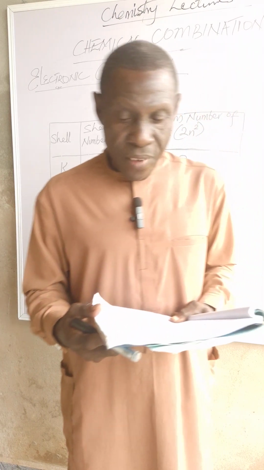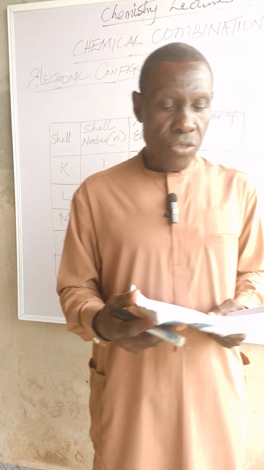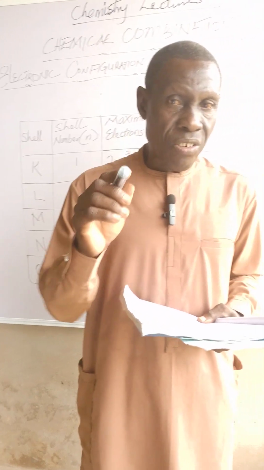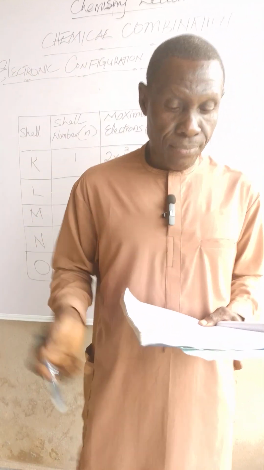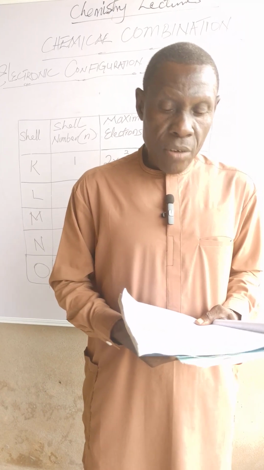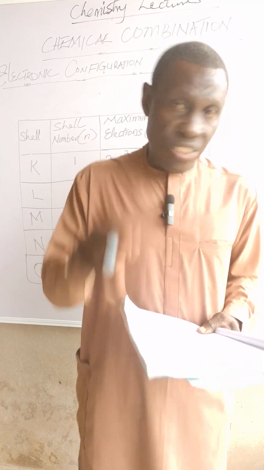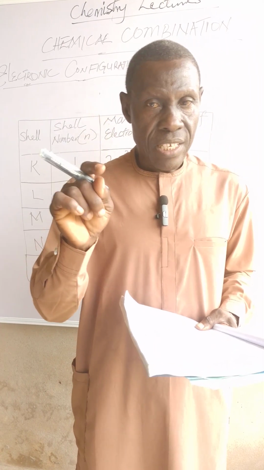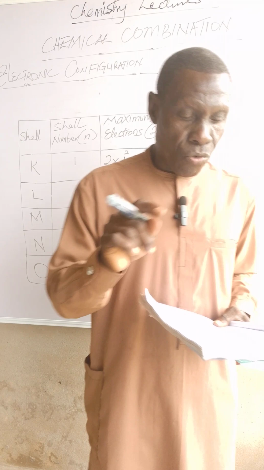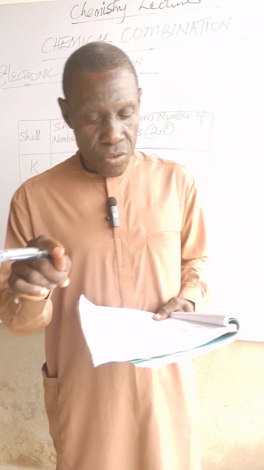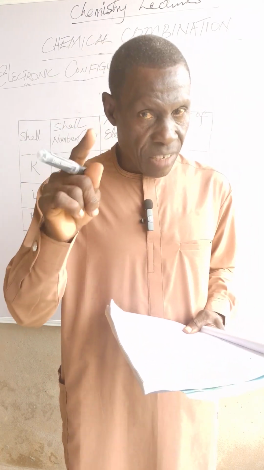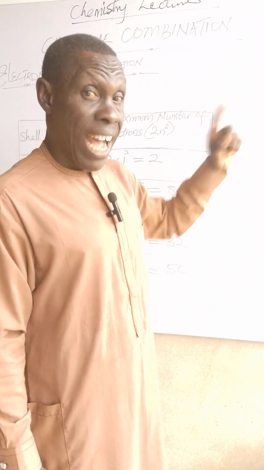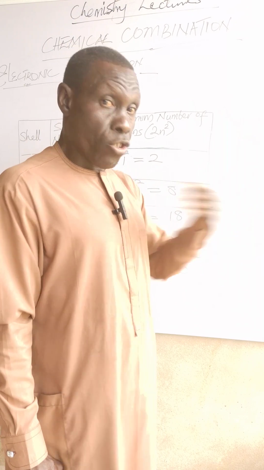Now, the first element, hydrogen, has only one electron, and that one electron occupies the K shell. Now, the second element in the periodic table is helium, which of course you know. It has 2 electrons. So, the 2 electrons will occupy the first shell, because in hydrogen, the first shell is not even filled, it's half filled because the maximum electron is 2.